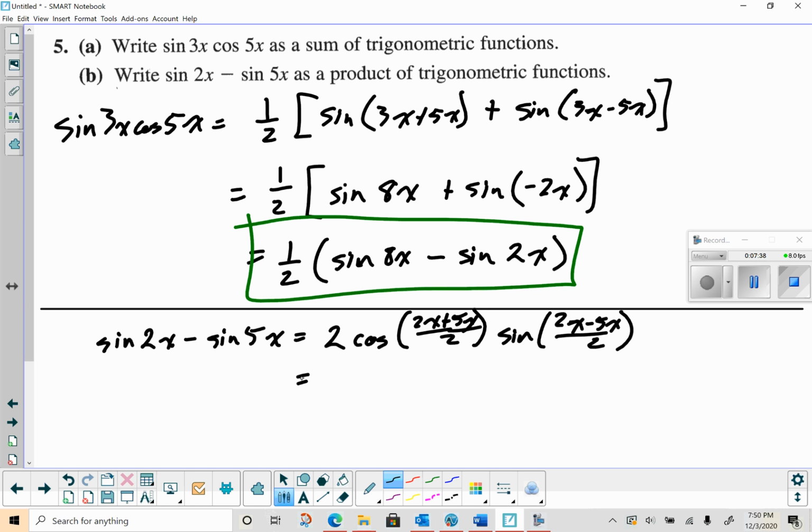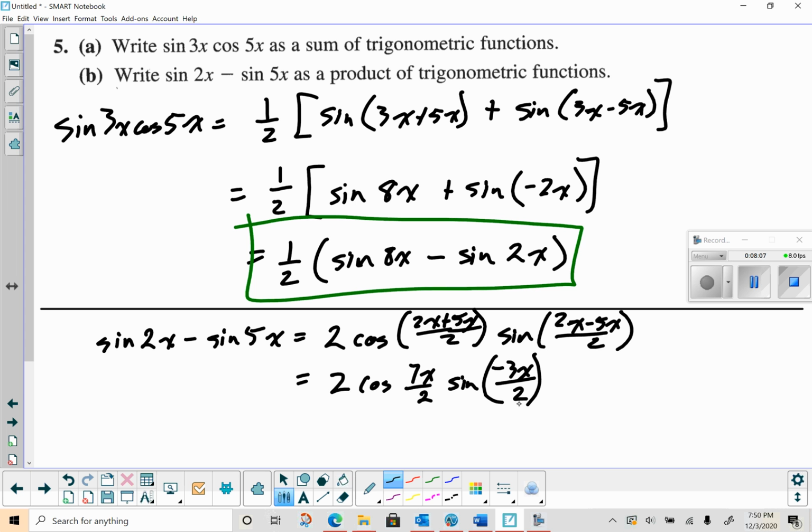So then, just simplify what's on the inside of the set of parentheses. This gives me 2 cosine of, well, that's an odd number, so I'm just going to leave that as 7x over 2. And then, order of operations matters here. That's negative 3x over 2.